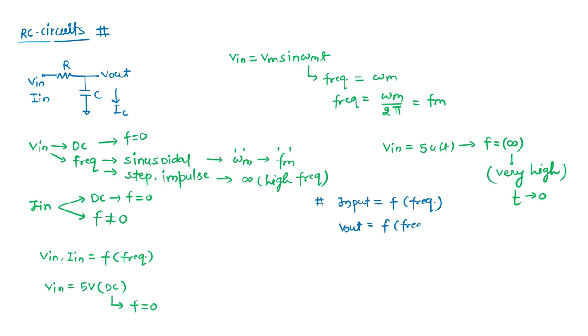So if my output and input are functions of frequency, why am I not analyzing my circuit by completely converting it into the frequency domain? Then my circuit should have some sort of frequency dependence.